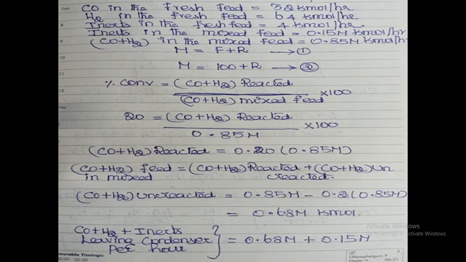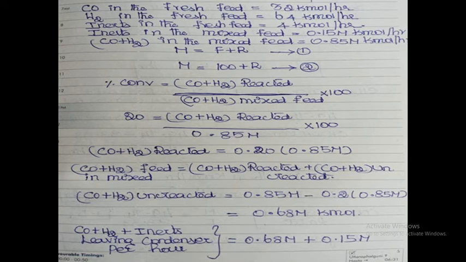Total percentage is 100, so the remaining 85% other gases are present in the mixed feed. What are the other gases? CO and hydrogen. CO plus H2 in the mixed feed is equal to 0.85 times M kilomole per hour. Are you clear or not? Okay, these are the given data.